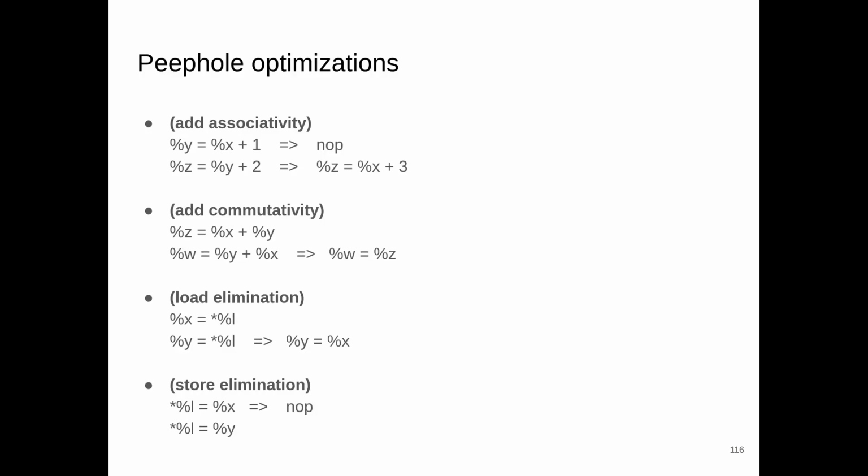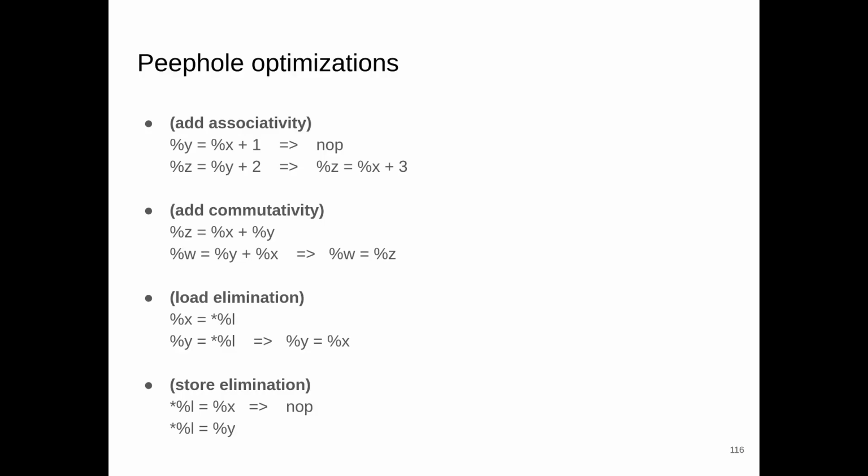So that's the reason why we can replace y with x, because they have the same value. So effectively, the second instruction may be replaced with y equals x. Or even further, all uses of y can be replaced with x in the remaining of the code.